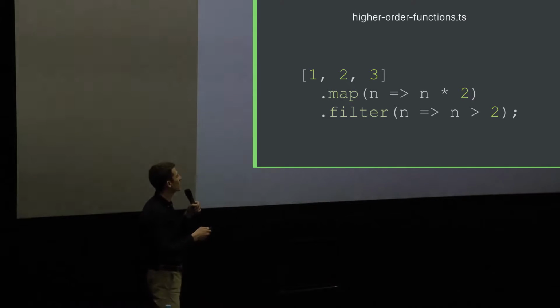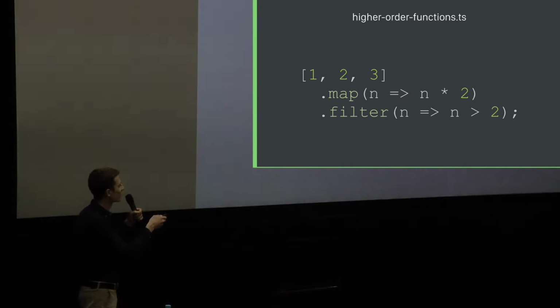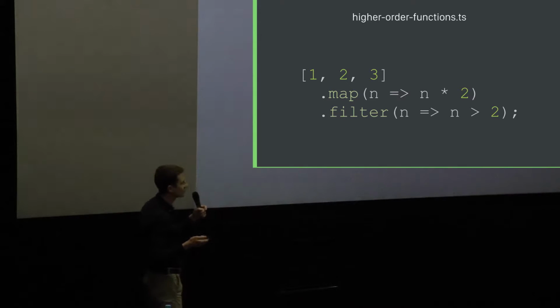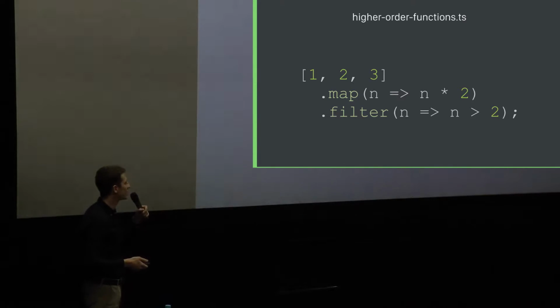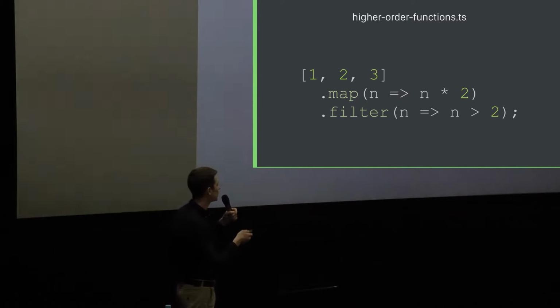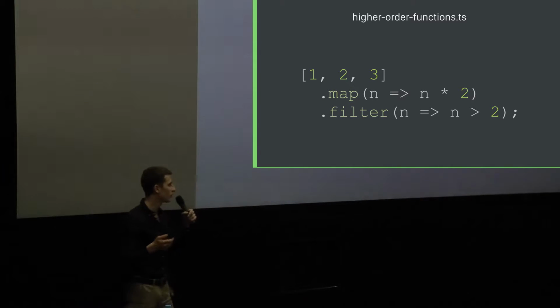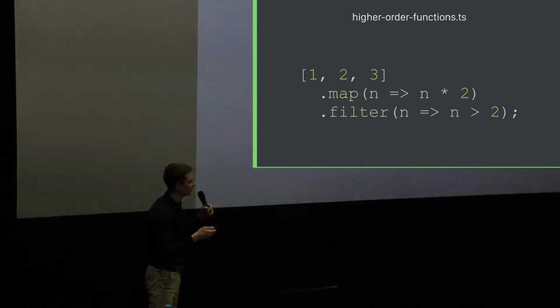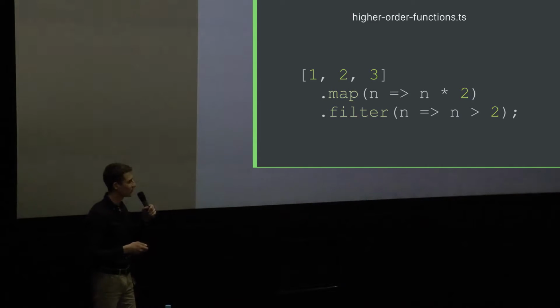So first, we're going to apply the higher-order function, the callback of map over 1, and we're going to get 2. And 2 is not bigger than 2, so it's not going to be included in the end result. After that, we are multiplying 2 by 2, and the result is going to be 4, which is bigger than 2. And 3 multiplied by 2 is 6, so the end result is going to be 4, 6.